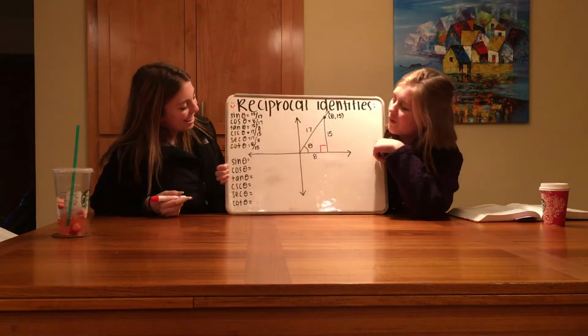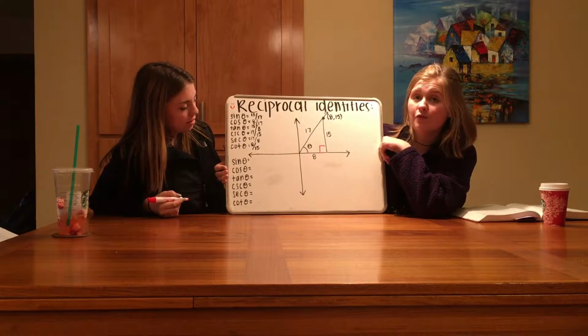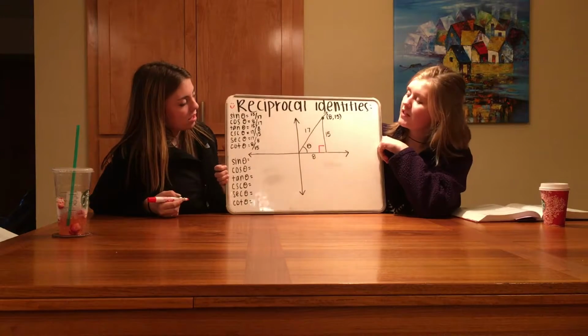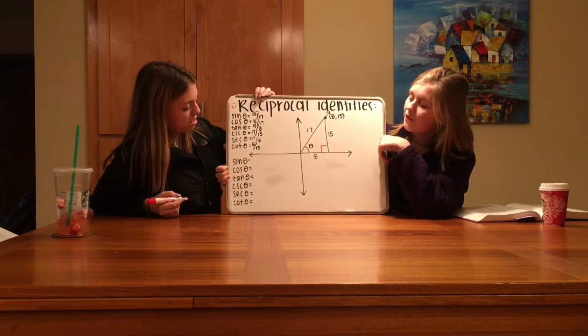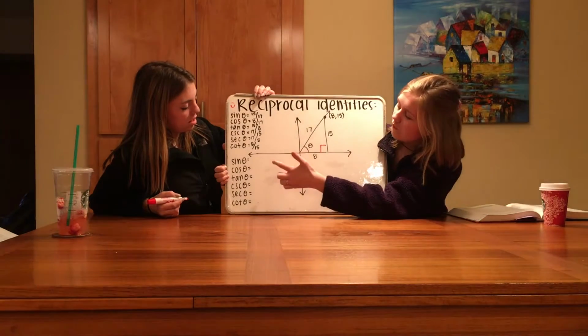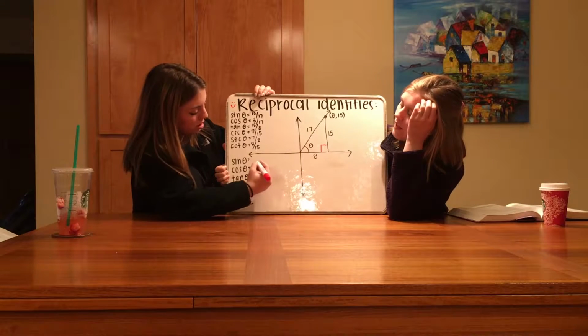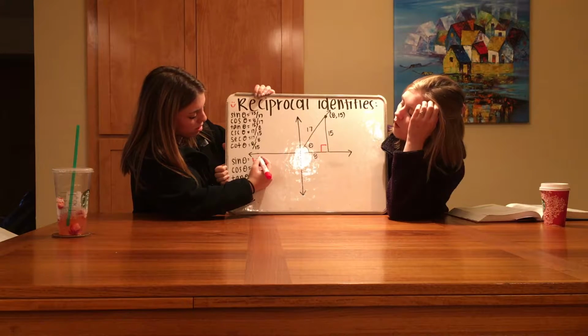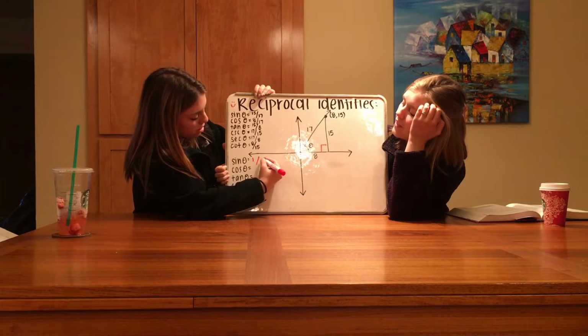So, reciprocal identities. We're going to write out the formula for you guys. To find reciprocal identities, you'd say sin of theta equals 1 over the cosecant of theta.